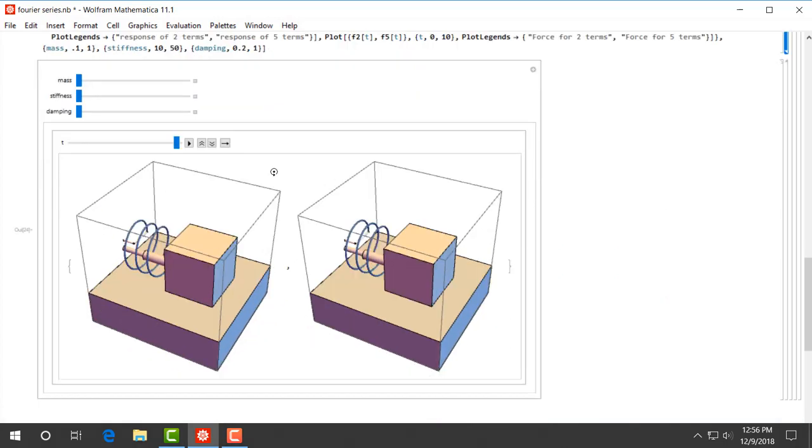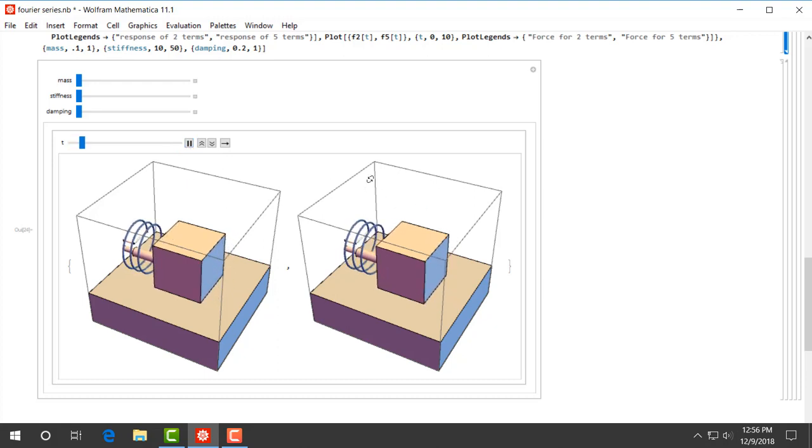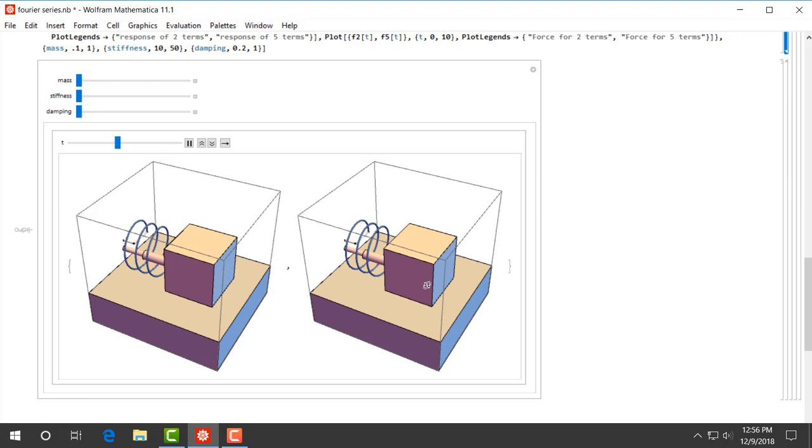So what does that mean in terms of our physical system? So if we look at the response of these two systems, the one on the right has 5 terms for the force, the one on the left has 2. The one on the left has 2 segments, so it pulls and then pulls again, where the one on the right has 5 terms, so it pulls 5 times.